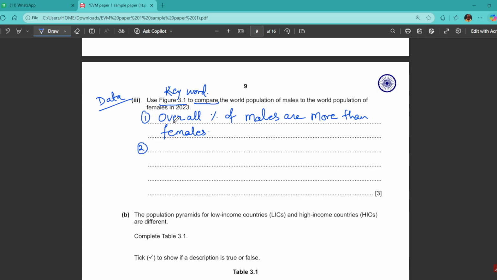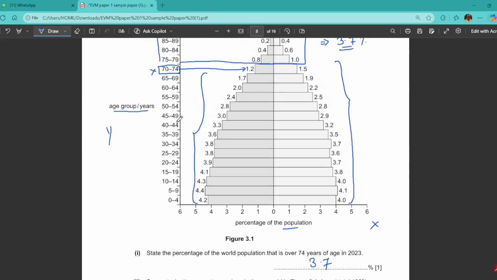Now if we see 0 to 49, from this age group to this age group, fine, if you compare here 3, 2.9, 3.3, 3.2, 3.6, 3.5, 3.8, 3.7%. So as you can see here, the male percentage is much more than the female.